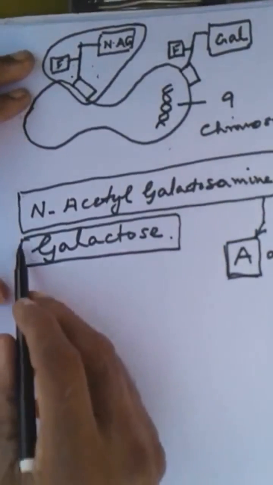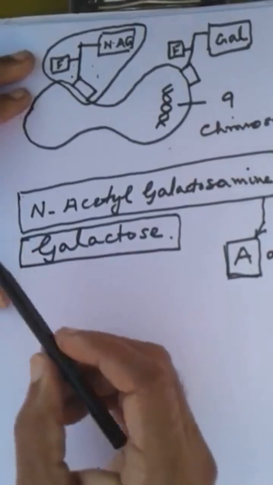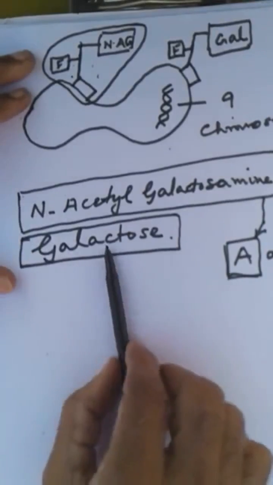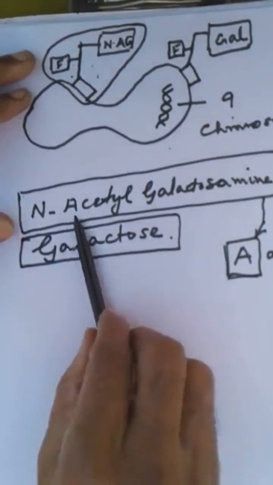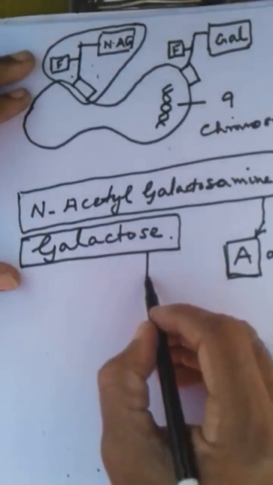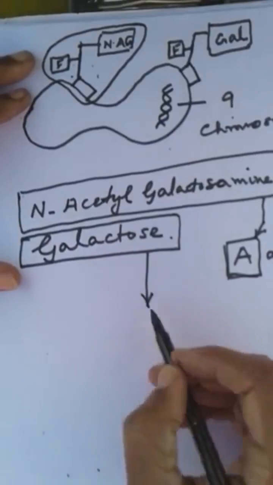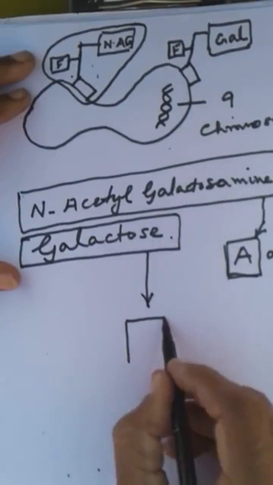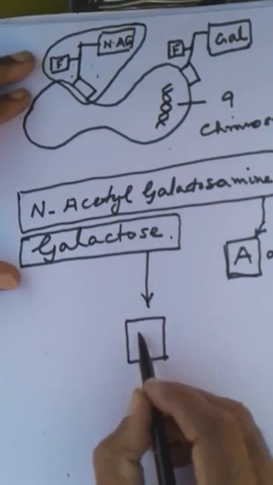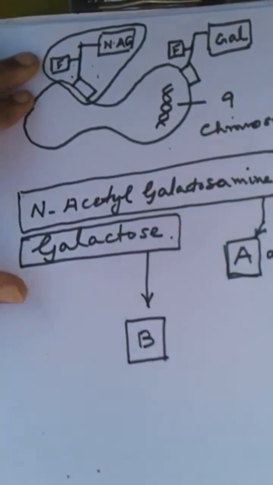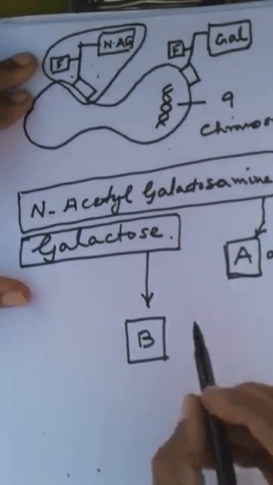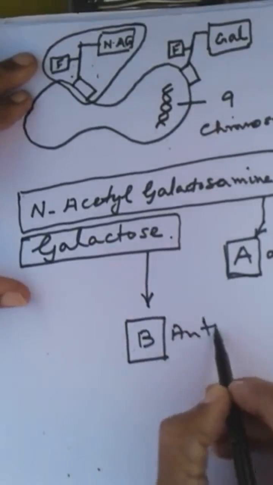Two enzymes. If so, this galactose is producing blood group B. So B antigen.